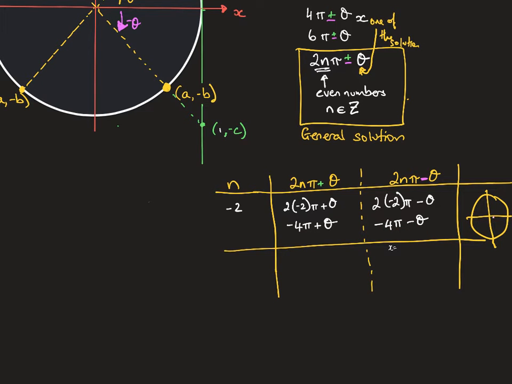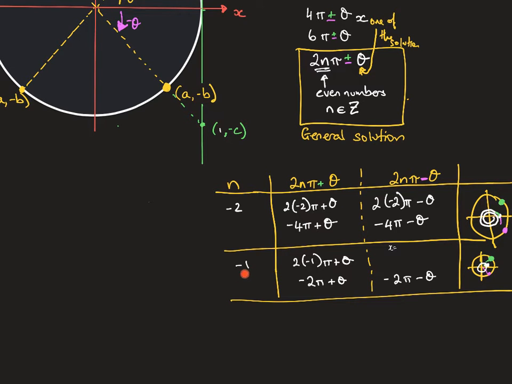So on the unit circle over here, we go minus 4 pi, so that's minus 2 pi, minus 4 pi, and then from here we go plus theta and end up in this quadrant here. And if we went from minus 4 pi minus theta, we continue round again, we end up here. So that green should be back there a little bit. So that puts us in both of our correct quadrants.